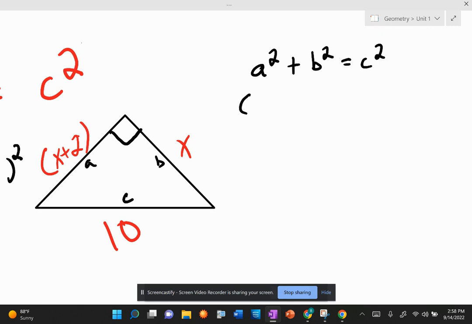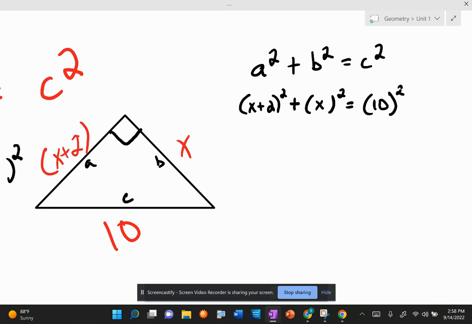So a is going to be x plus 2 squared, plus x squared equals 10 squared.